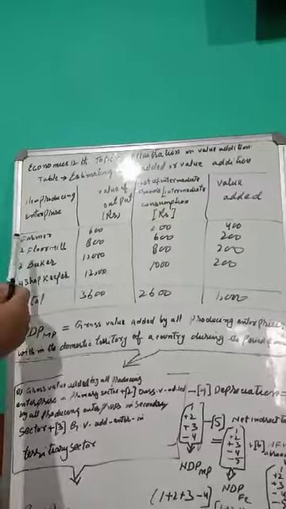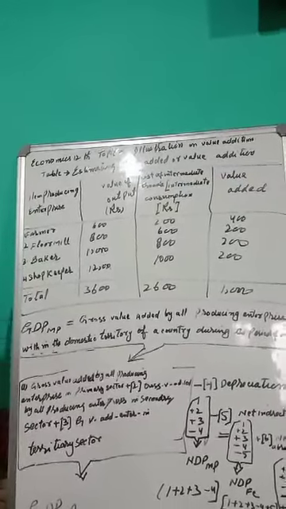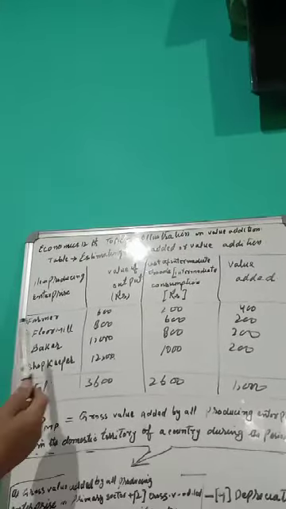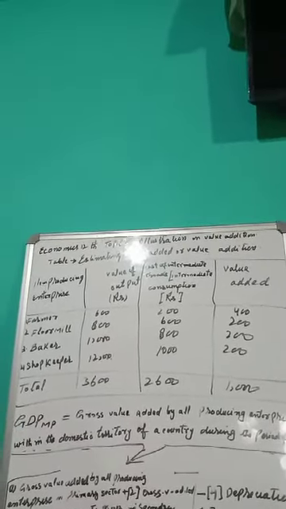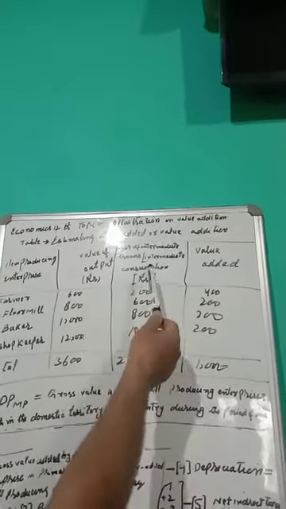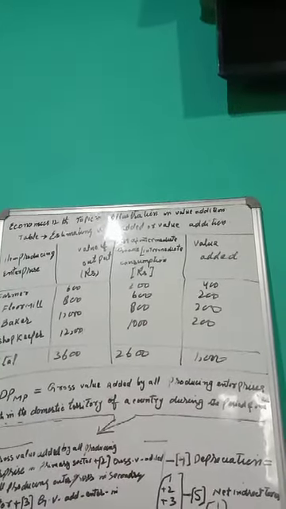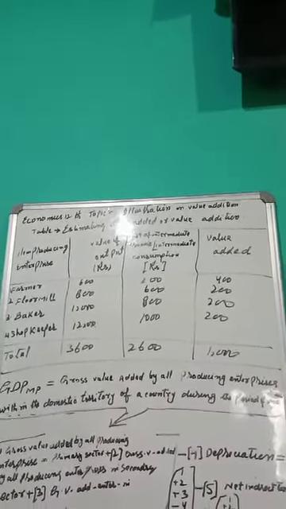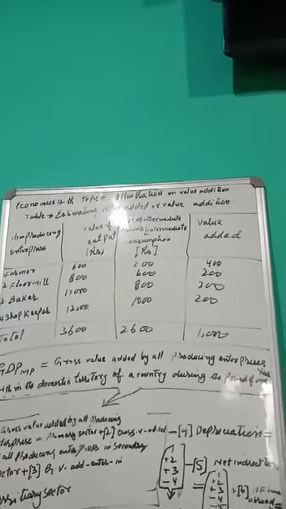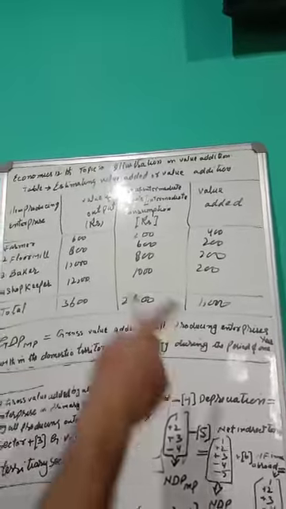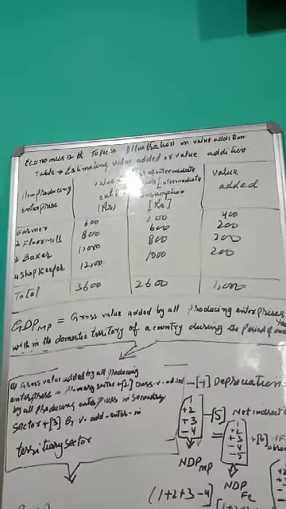From this table, in column first, it is item producing enterprise. Column second, value of output in rupees, column third, value of intermediate goods and consumption, and column fourth, value added. Now what is in column first?